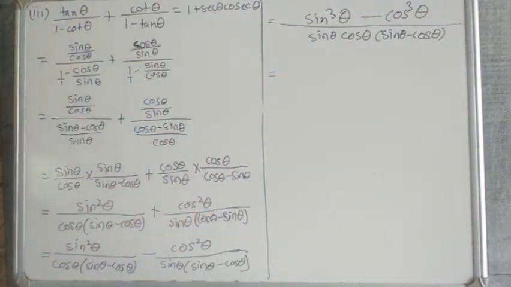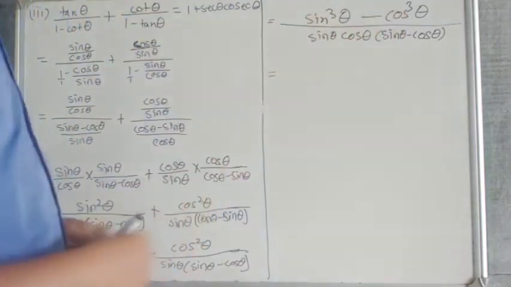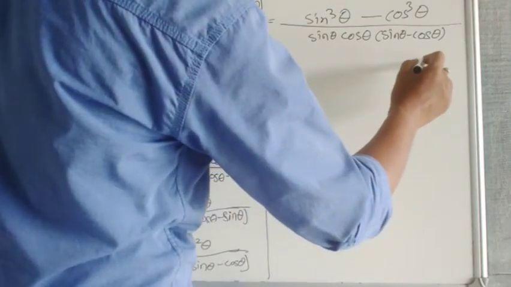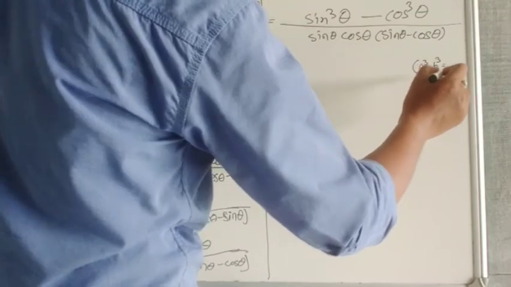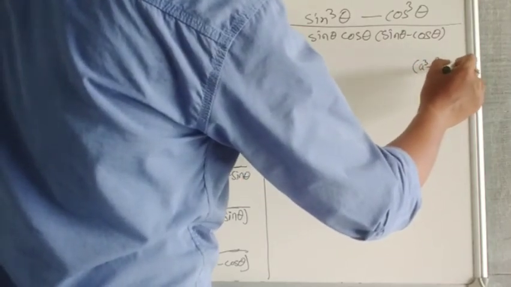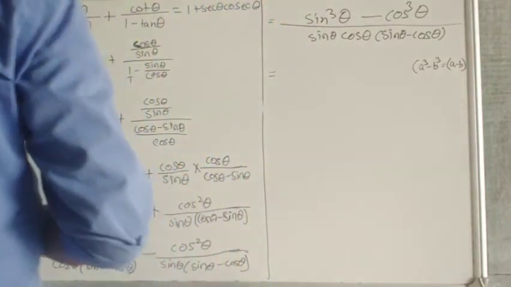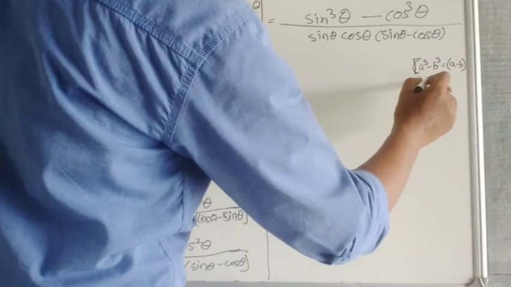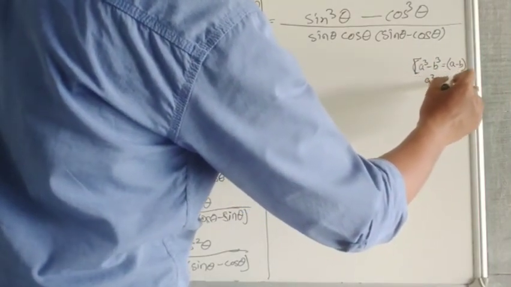Now, if you have got this much, then next step. Now nothing else, we have to use the formula a cube minus b cube. The formula for a cube minus b cube is equal to a minus b into a square plus ab plus b square.